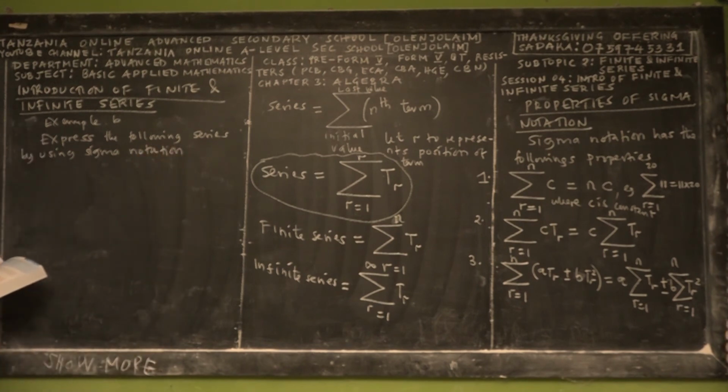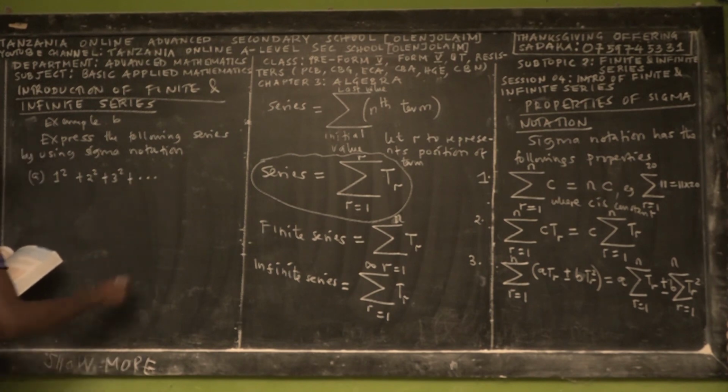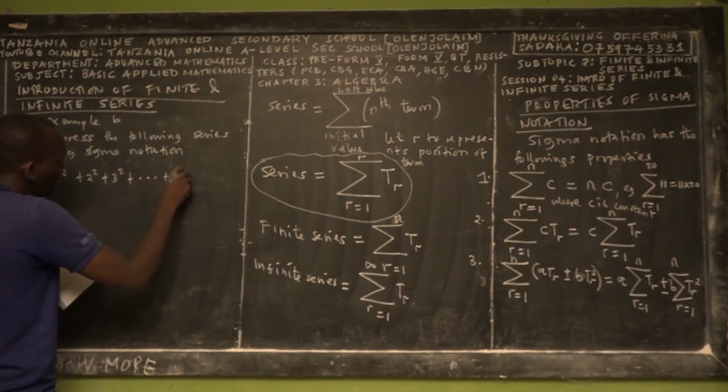A: 1 squared plus 2 squared plus 3 squared plus dash dash plus 20 squared.